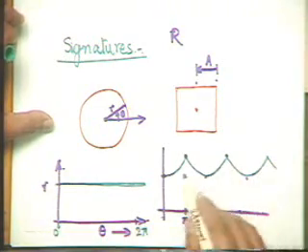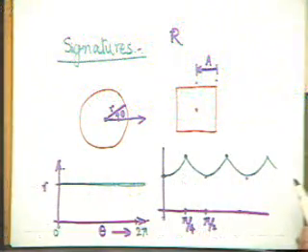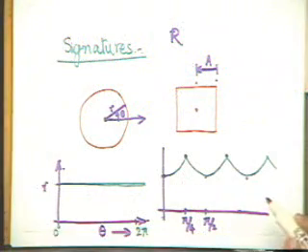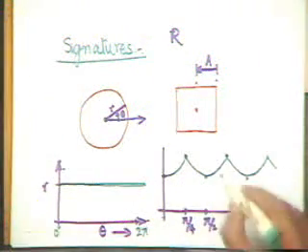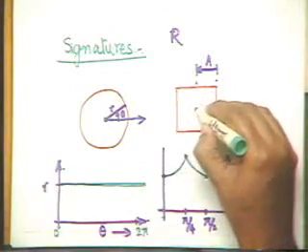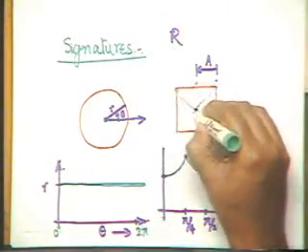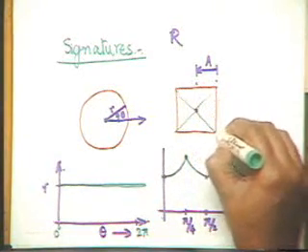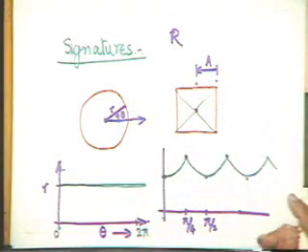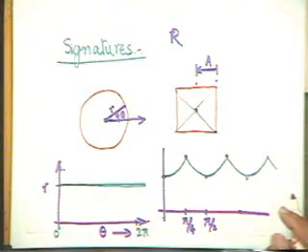So like this you will be getting how many peaks within the limits of 0 to 2 pi? You will be getting 4 peaks, because one peak will be when the angle is this much, another peak is when the angle is this, another peak is corresponding to this, and another peak is corresponding to this. So corresponding to 4 corners we will be getting 4 peaks over here.